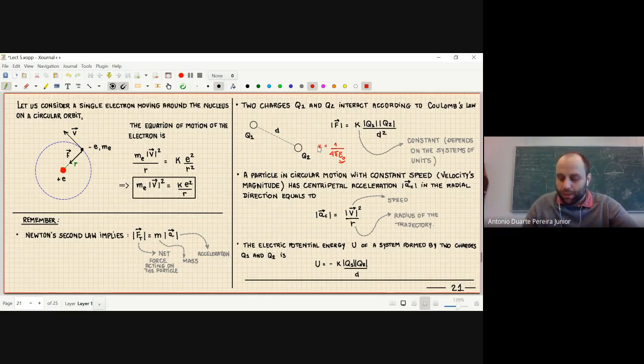With that, you can compute the value of epsilon naught, because you can plug in 9 times 10 to the 9, multiply by 4 pi, and then invert the expression in order to obtain epsilon naught. It's something that you measure. Okay, it's clear now. Good. There are more questions.